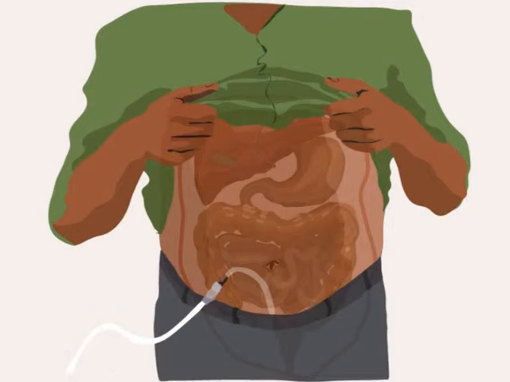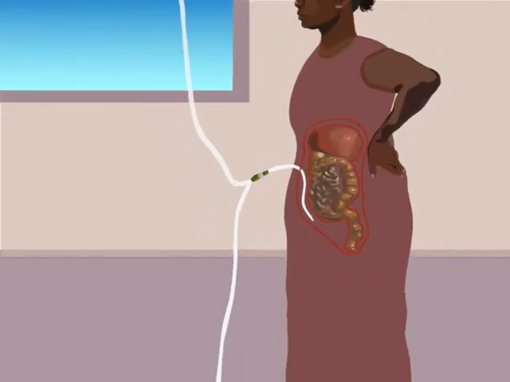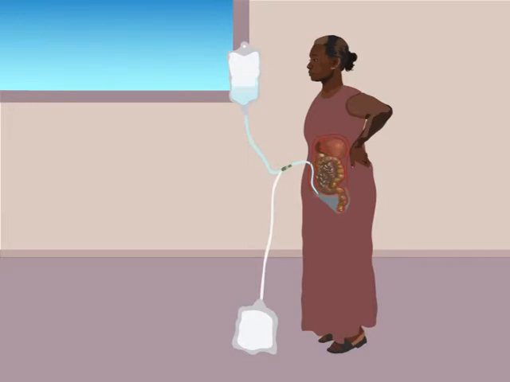This is called a catheter. The catheter lets the dialysis water go in and out of your peritoneum.